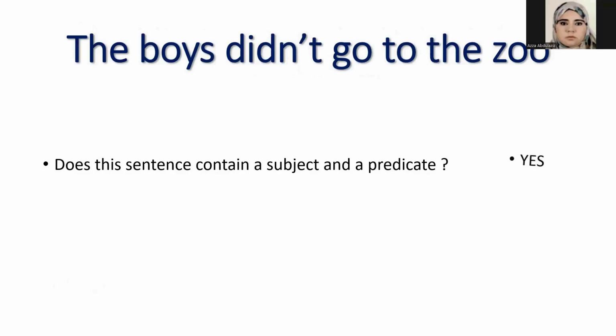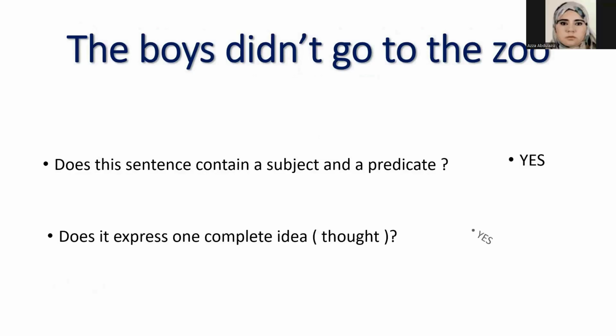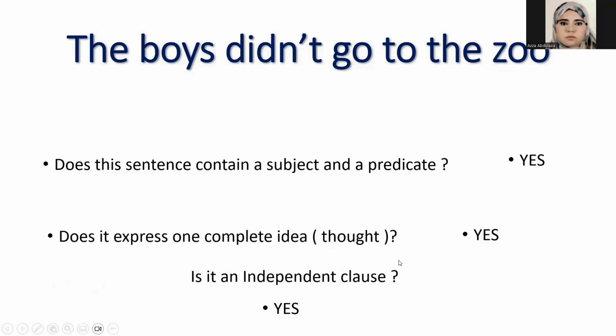Yes. The subject here is the boys, and the predicate is didn't go to the zoo. Does it express one complete idea? Sure. One more question: is it an independent clause? Yes. Sure.